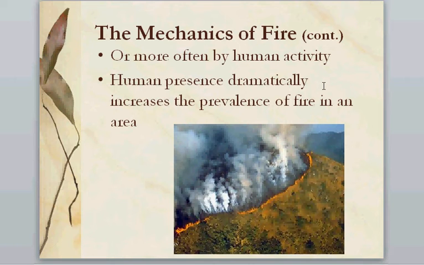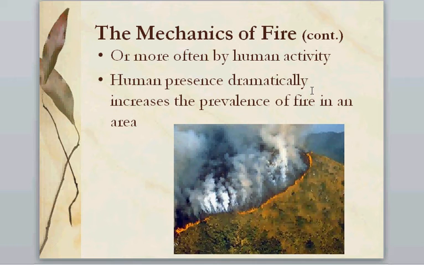Okay? So human presence dramatically increases the prevalence of fire in an area, mainly because humans provide ignition sources. Okay? Through fire, which they can carry or which they can start. So humans and fire tend to go together. Okay?